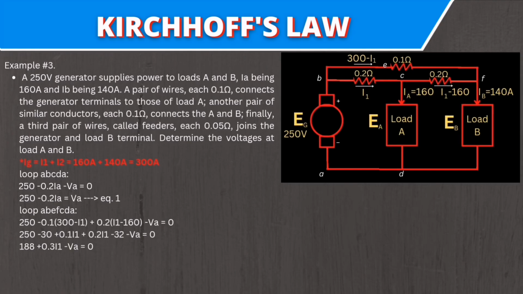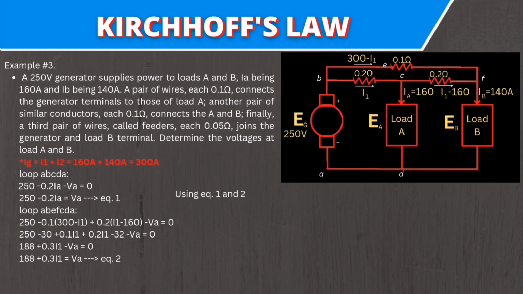So 188 plus 0.3 I sub 1 minus V sub A, equal to 0. 188 plus 0.3 I sub 1 is equal to V sub A, which will be our equation number 2.